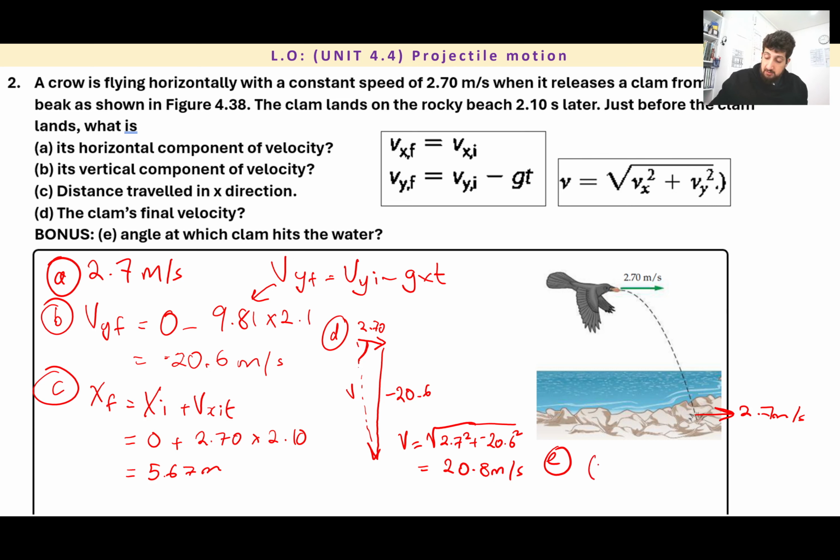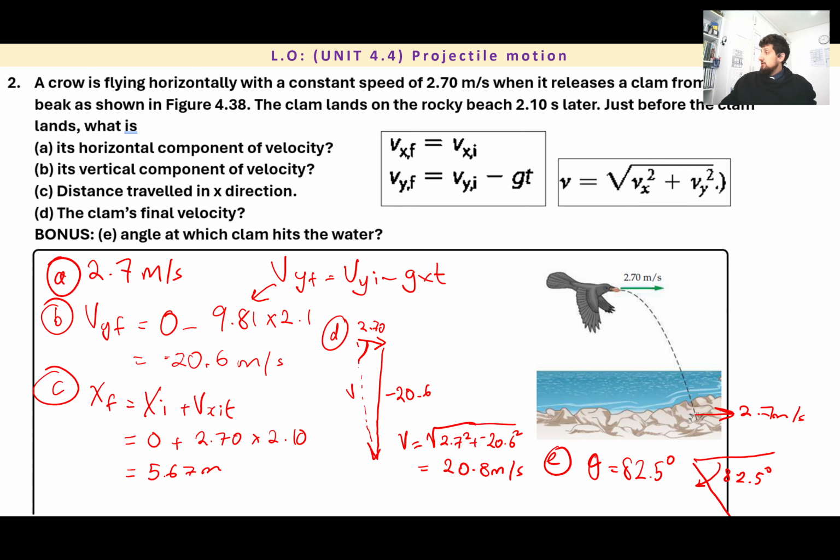So the angle is 82.5 degrees past the horizontal, or below the horizontal. So that's the horizontal. It's going to be 82.5 degrees below the horizontal. Excellent. And that's how you solve that one.